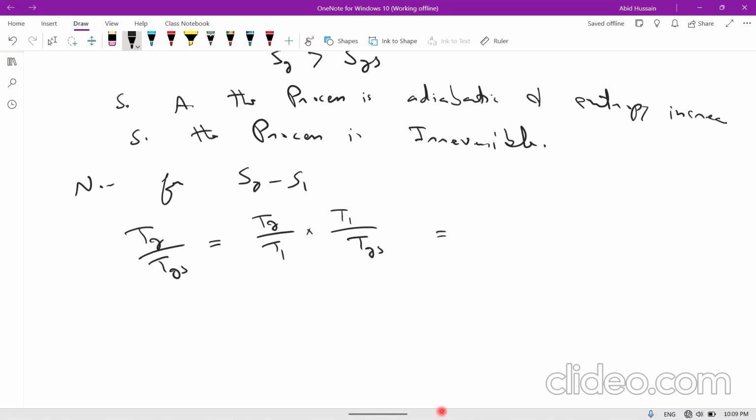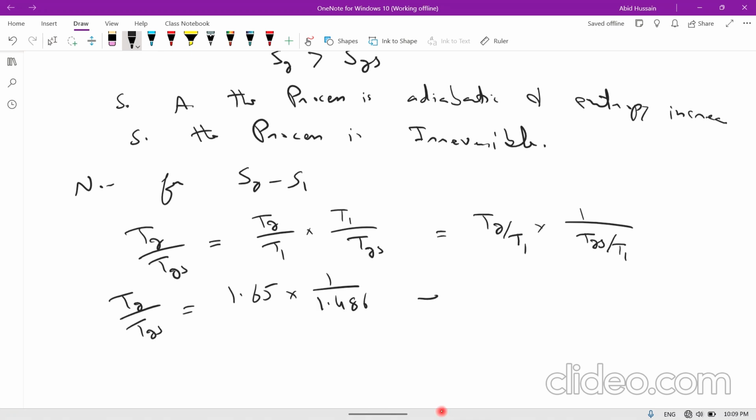T2 divided by T1 is given to us, and I can write the other as 1 over T2s divided by T1, which we already found. So it is 1.65 multiplied by 1 divided by 1.486. This is a simple calculation.